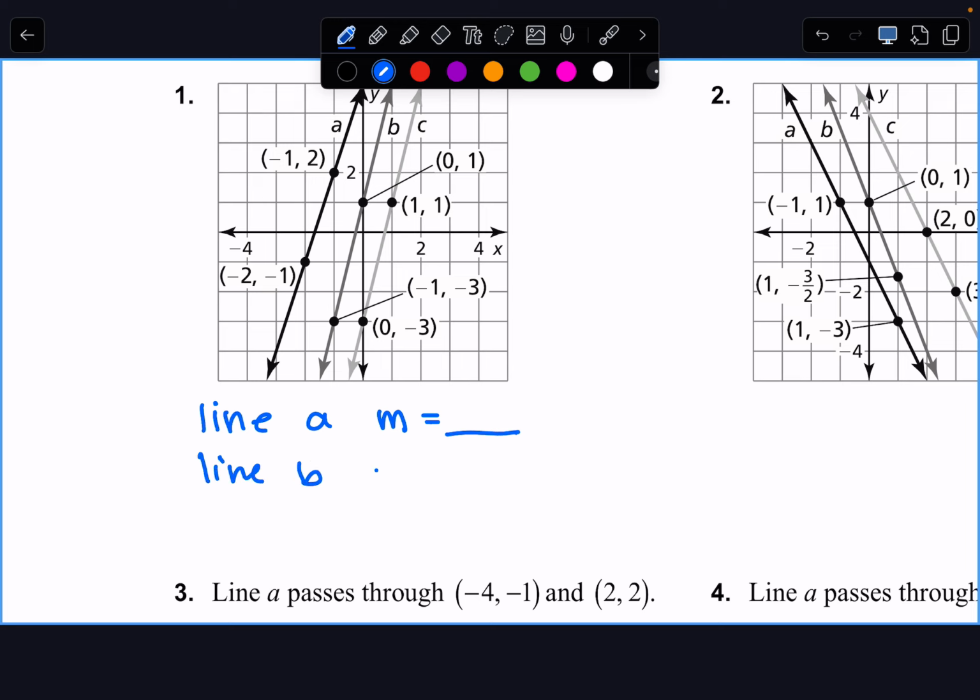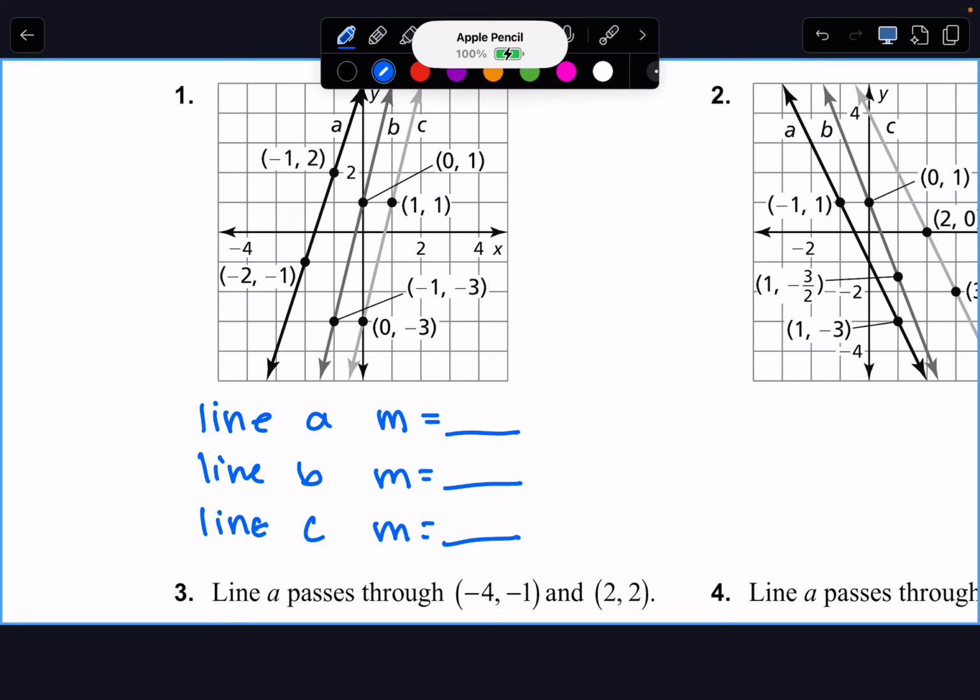Line B has a slope of, figure it out. Line C has a slope of, figure out those 3 slopes. So we can figure out if we have anything that's parallel.